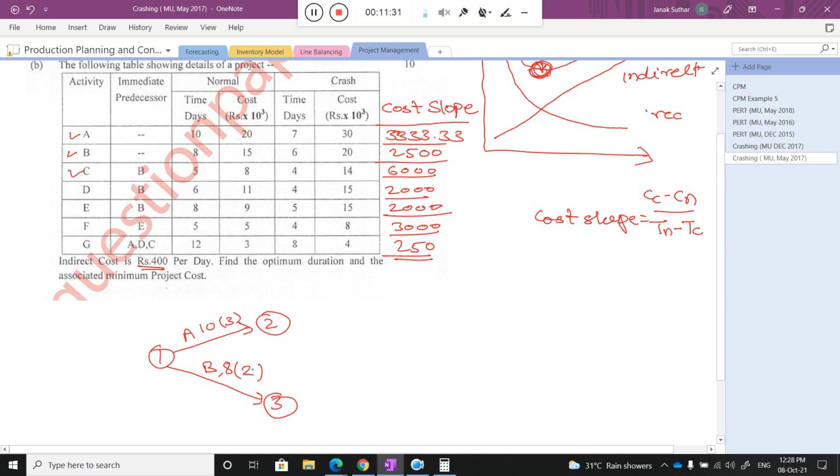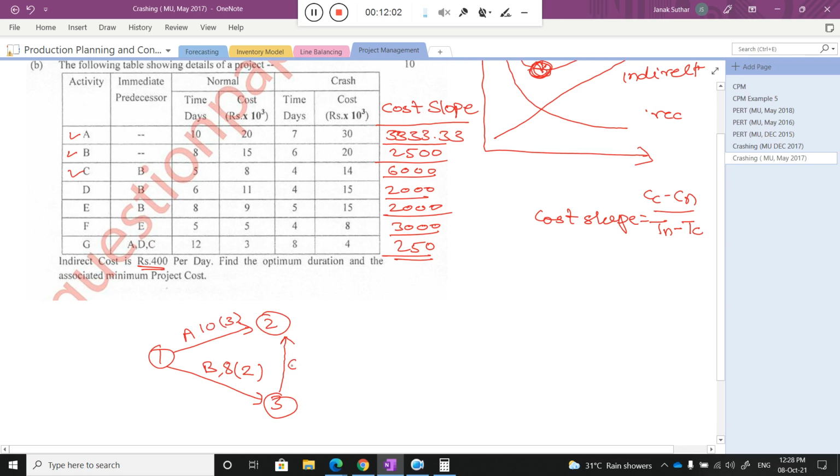So I just try to draw this: this is the start point of my activity C, and this is the end point. Why? Because A and activity C play as a precedence relationship for G, so when I match with D, I can easily start. How it is helpful, you will understand after drawing the entire network diagram.